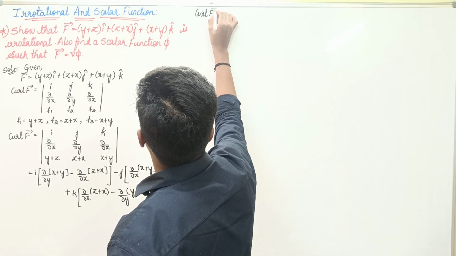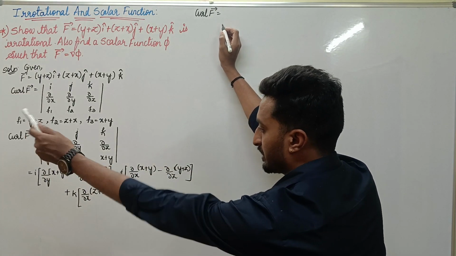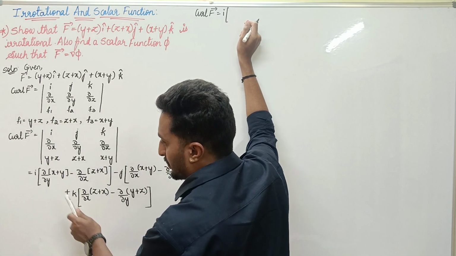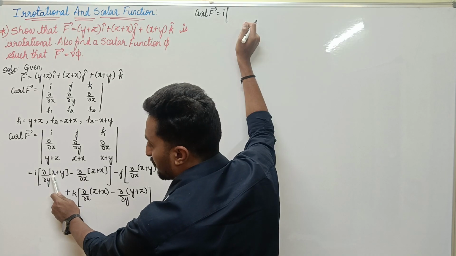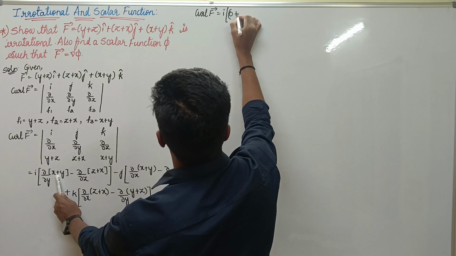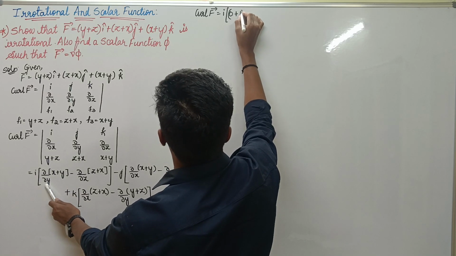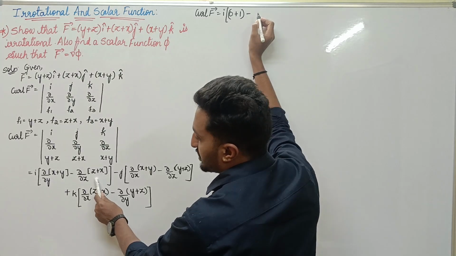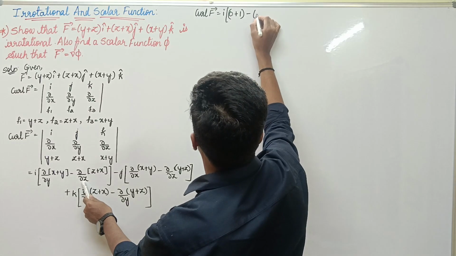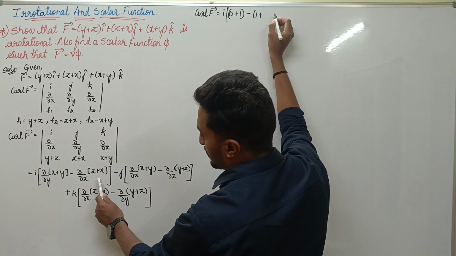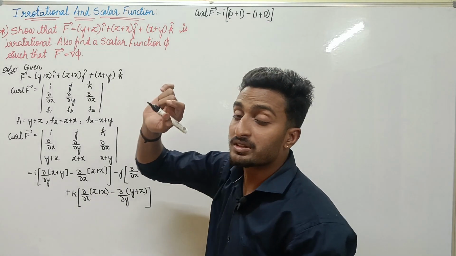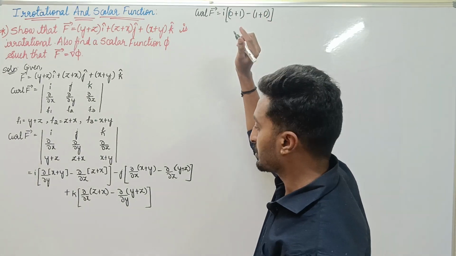Curl vector f equals, I need to differentiate term by term. First, in the first term we don't have y in z plus x, so it becomes 0. Differentiation of y with respect to y is 1 minus, now with respect to z: differentiation of z is 1 plus differentiation of x with respect to z is 0, because we don't have z in that term.